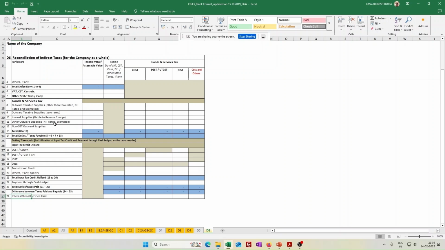So this data must be prepared from GSTR 1 and GSTR 3B, most probably from the annual return, so that the data is not mismatched with the annual return filed by the company. Now these are the different annexures you have to prepare and produce before the auditor.